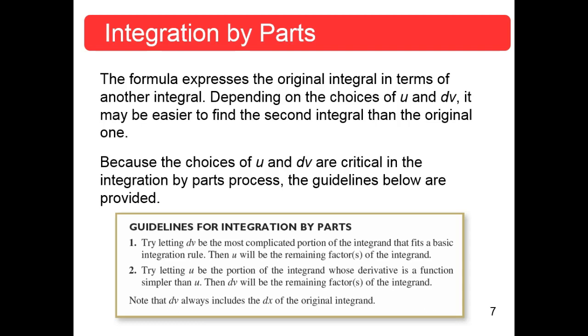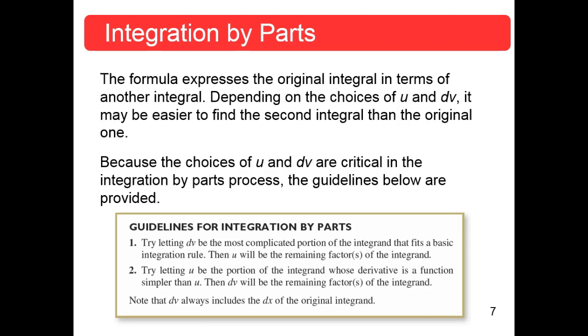I think I probably said something similar to this before. See how they work. Try letting dv be the most complicated portion of the integrand that fits the basic integration rule. Then u will be the remaining factors of the integrand. I'm not sure I would quite approach it that way, but we'll see. Then try letting u be the portion of the integrand whose derivative is a function that's simpler than u. This is the one I go by.